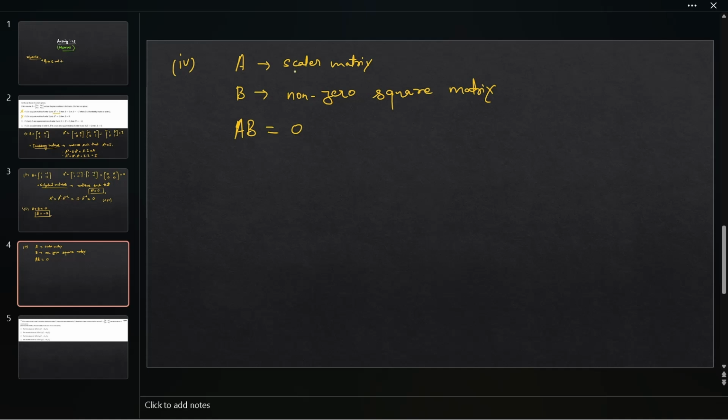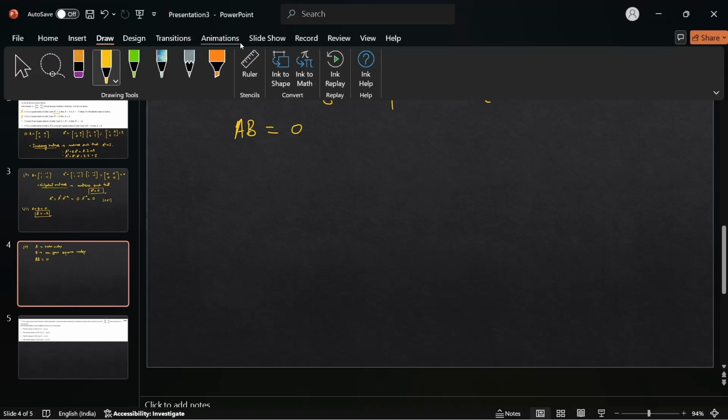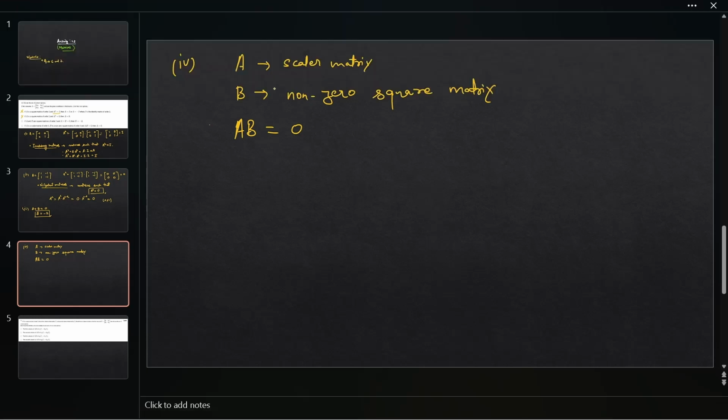The first thing is A is a scalar matrix. If A is a scalar matrix, then we know any scalar matrix can be written as the scalar multiplication of some constant with the identity matrix. So I can write A is equal to k times I, where k is some scalar value.